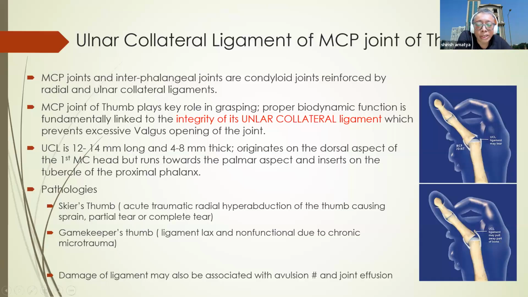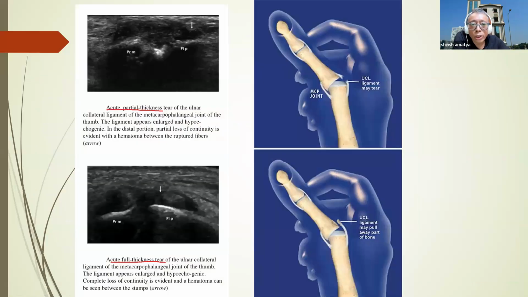Sometimes the damage of the ligament can be associated with an avulsion fracture, as shown in the picture on the lower side. You can see there is an avulsion fracture of the proximal phalanx because of the rupture of the ulnar collateral ligament at its attachment, or there can also be a joint effusion. So this is the ultrasound picture of the ulnar collateral ligament in skier's thumb.